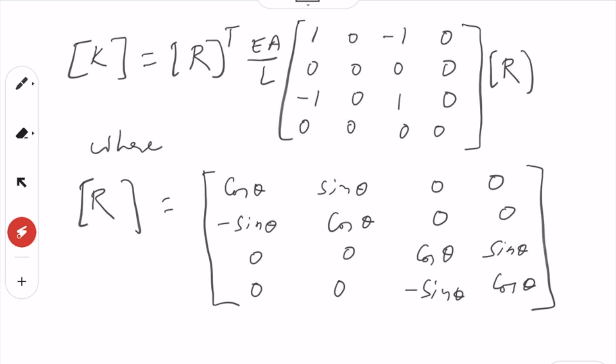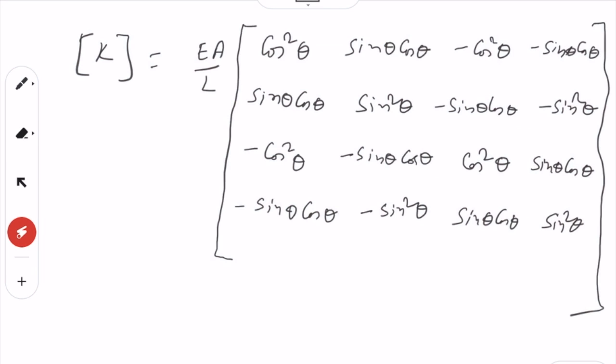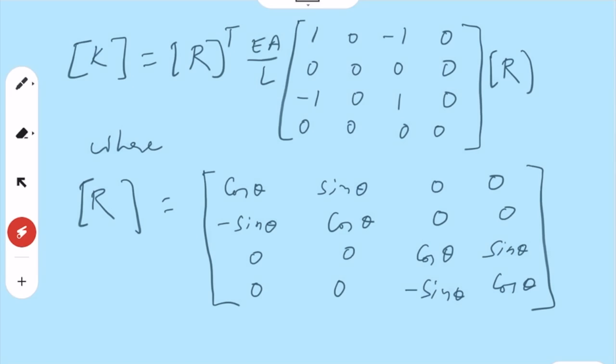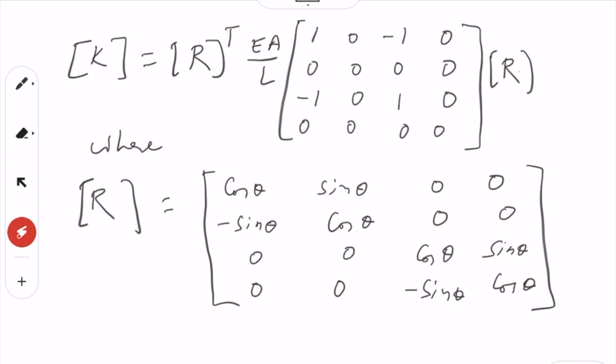In the previous case, in the last video lecture, you had just this value directly derived, but in this case you have it in terms of your rotation matrix. So if you have the rotation matrix, you just multiply and you can do it.